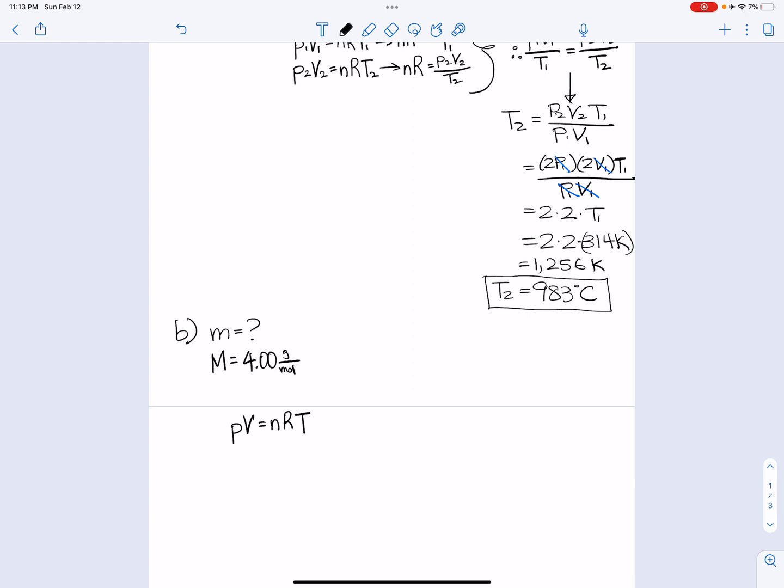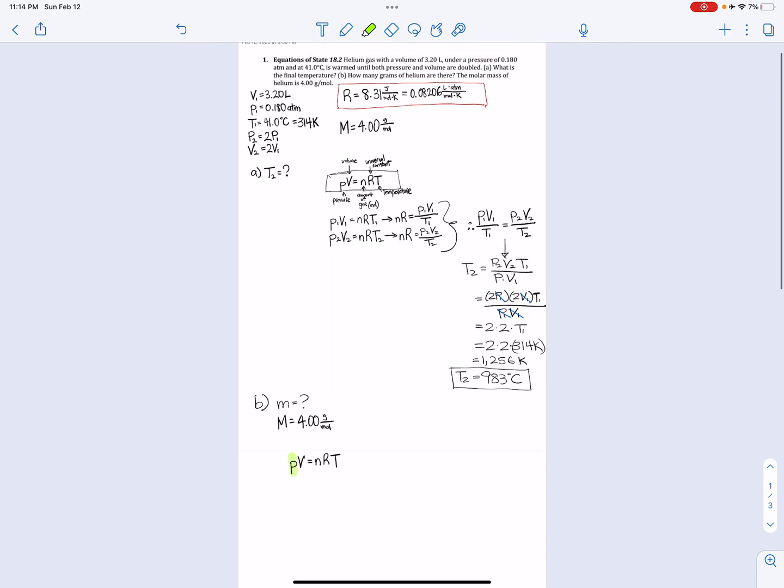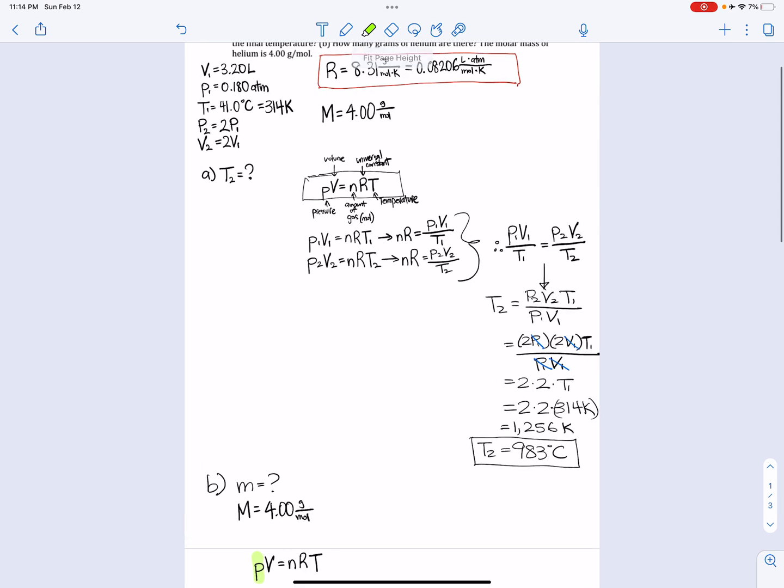I know for both initial and final, I know the pressure, right? I know P1 as well as P2. I know V1 as well as V2. I also know T1 and I know T2. And I know that R is a universal constant and that doesn't change.